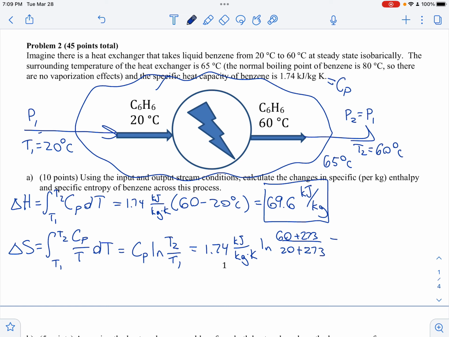And this answer comes to 0.223 kilojoules per kilogram Kelvin.